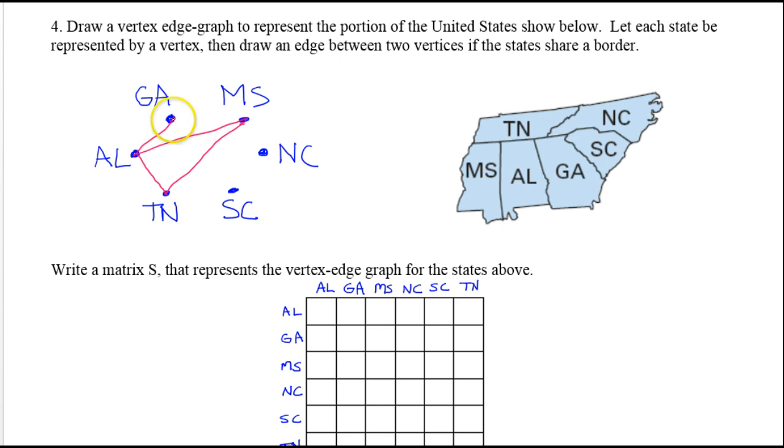Let's do Georgia. Georgia shares a border with Alabama, which we already have. It shares a border with Tennessee. Georgia also shares a border with North Carolina.